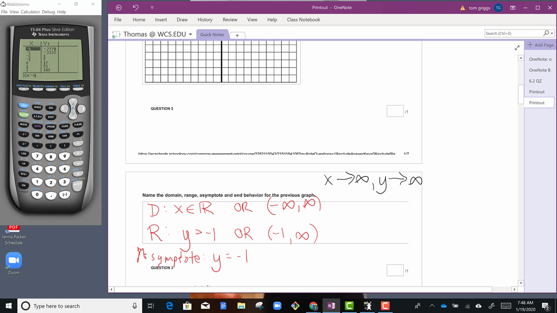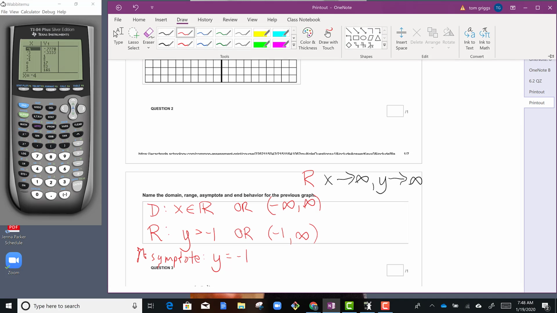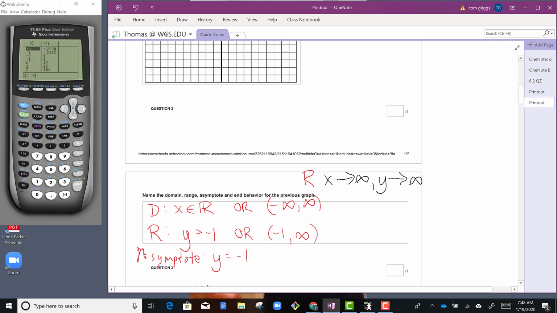So the right side of the graph is going up infinitely. I always like to put an R to remind myself that that end behavior represents the right end of the graph, which means the left end of the graph is represented as x approaches -infinity, and the left side of the graph is approaching -1, the asymptote.